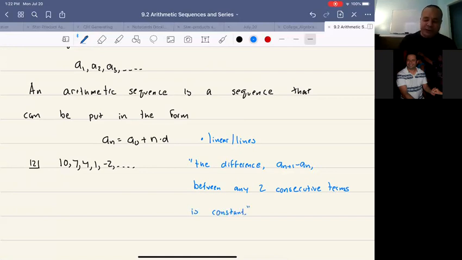So here, a sub 2 minus a sub 1 is -3. You go down another 3, you go down another 3, you go down another 3. So here, the d is -3. d here is the difference between any two terms.